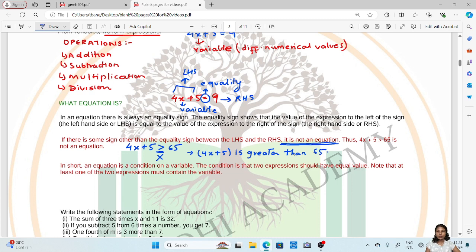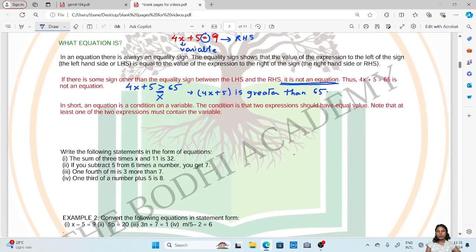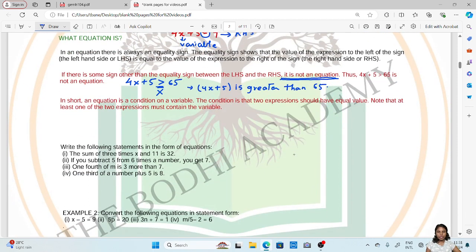An equation, in short, is a condition on a variable. The condition is that two expressions should have equal values. Note that at least one of the two expressions must contain the variable. Now what it means is that say you have 4x plus 5, and here I put say 65.